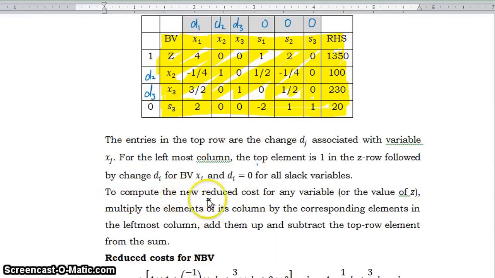To compute the new reduced cost for any variable or for the z value, multiply the element of each column by the corresponding element in the leftmost column, add them up and then subtract the top row element from the sum.